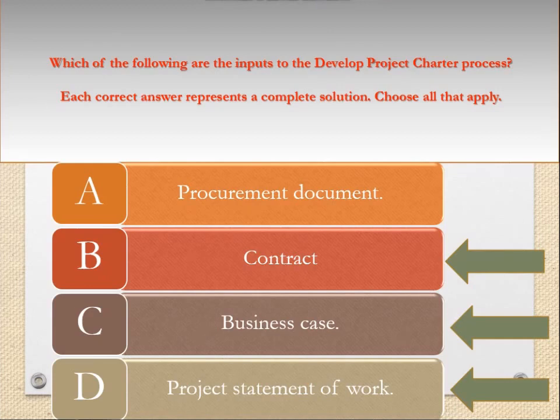The various inputs of this process are as follows: project statement of work, business case, contract, enterprise environmental factors, organizational process assets. The output of the develop project charter process is as follows: project charter.